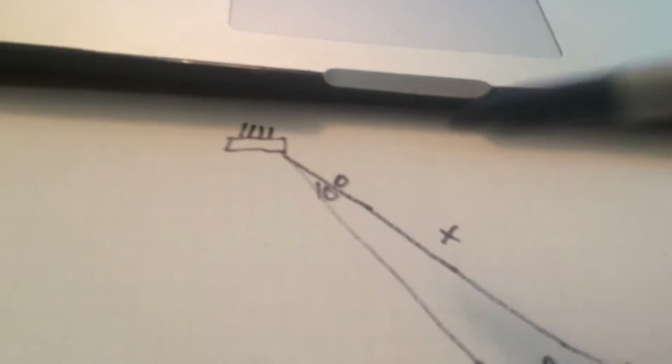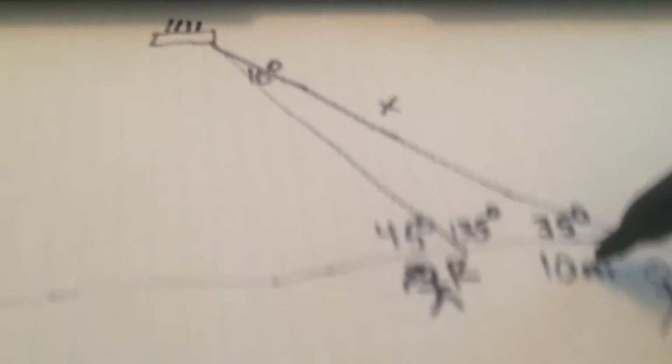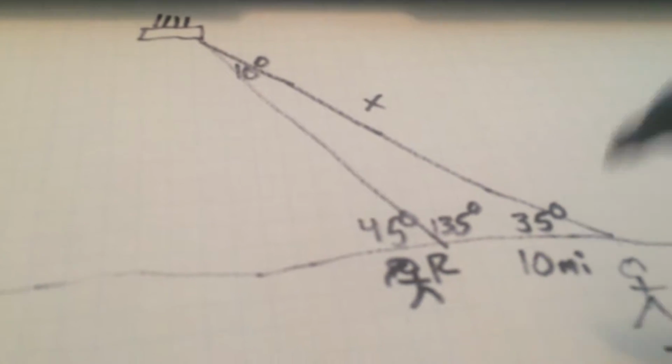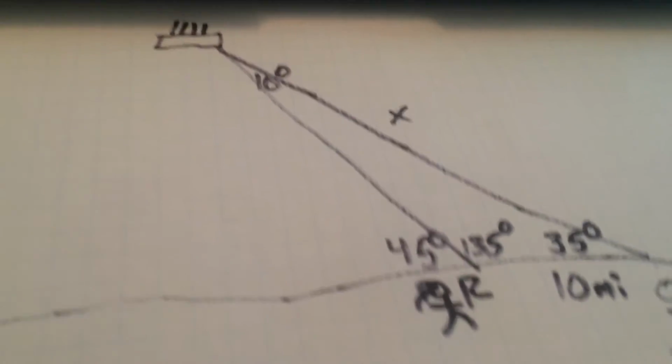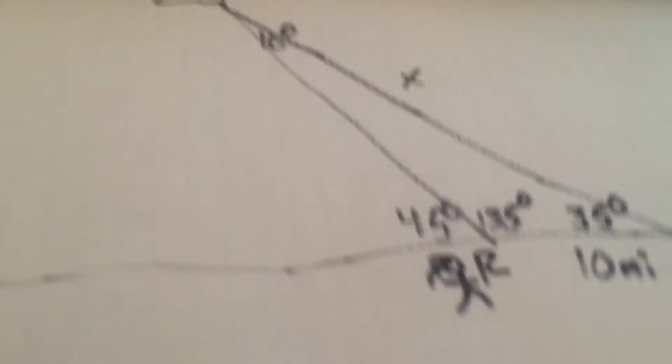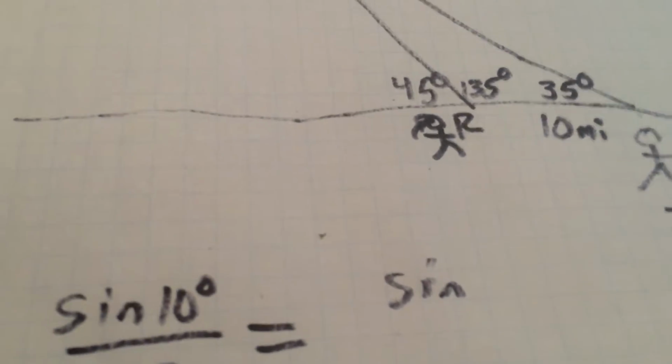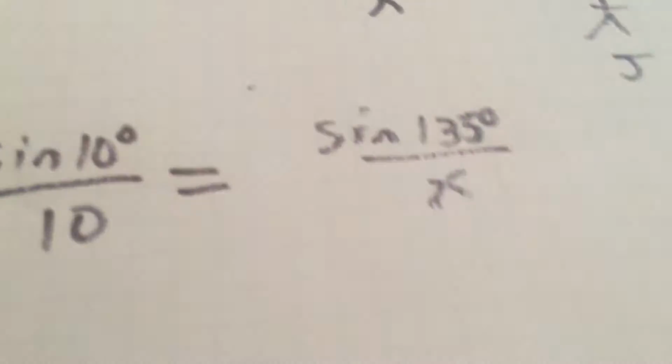Okay, so now we have an angle and the side opposite that angle. And as we have previously learned, now we would want to use the law of sines to then compute what x would be. So we simply state the sine of 10 degrees over 10 is equal to the sine of 135 degrees over x.